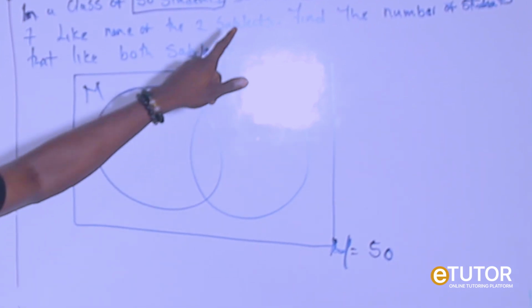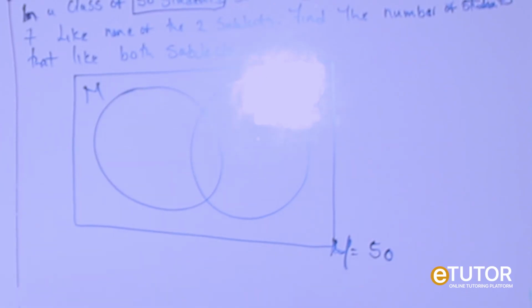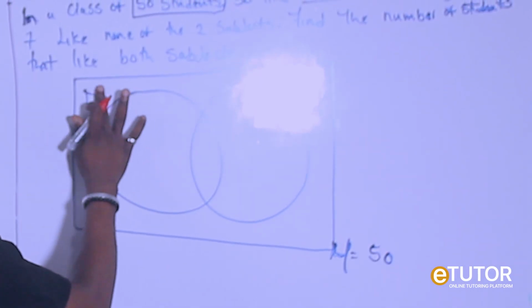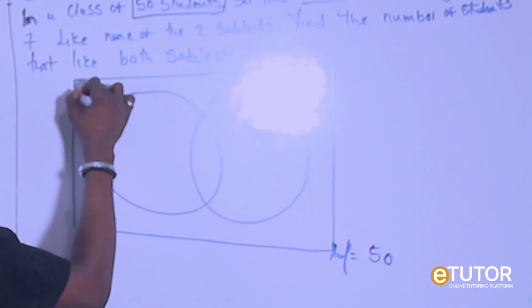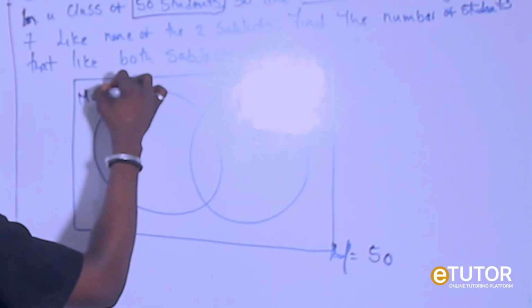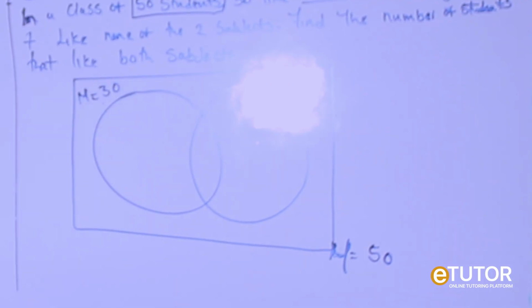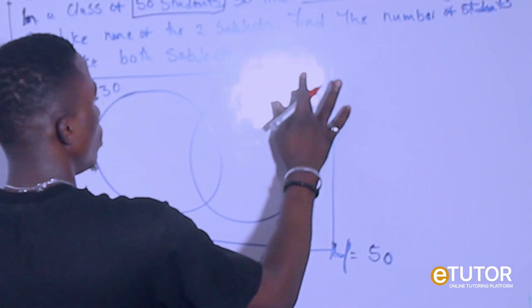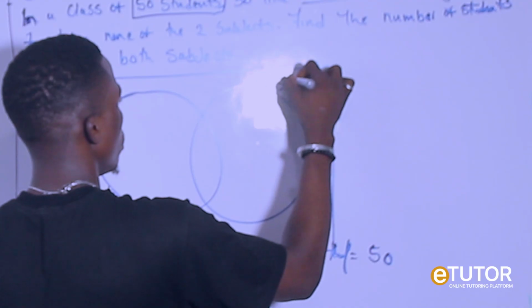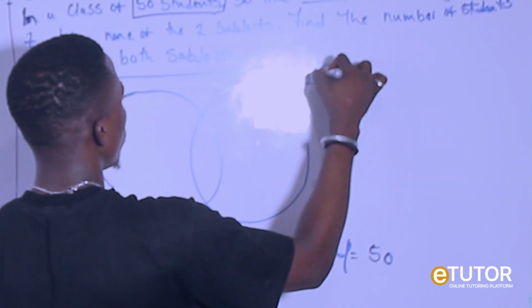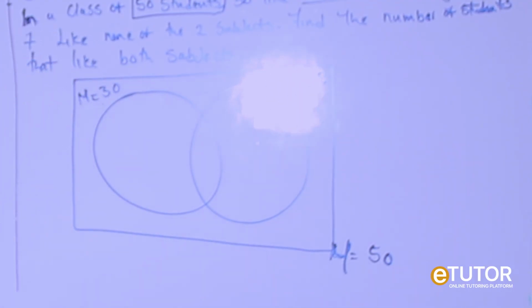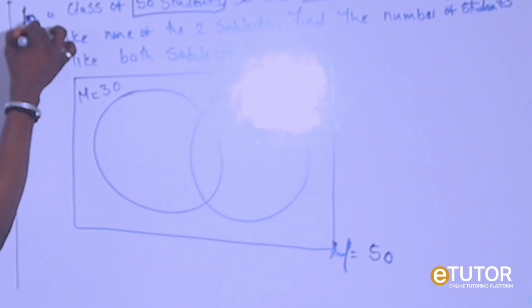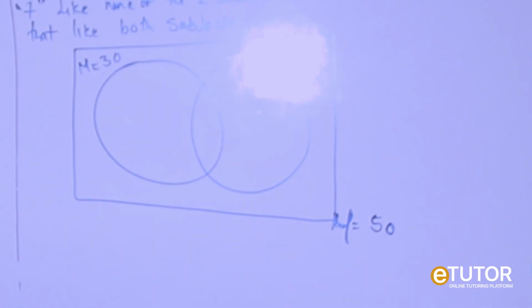They also said 30 like maths. So our M here is equal to 30. While 25 like English. So E equals 25. And we're also told that 7 like none of the two subjects.